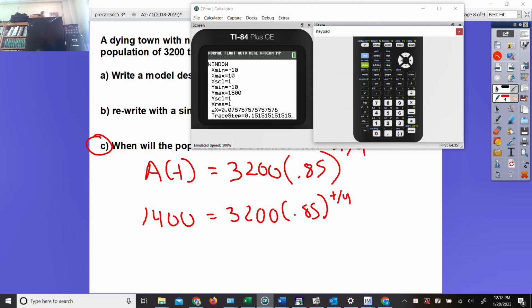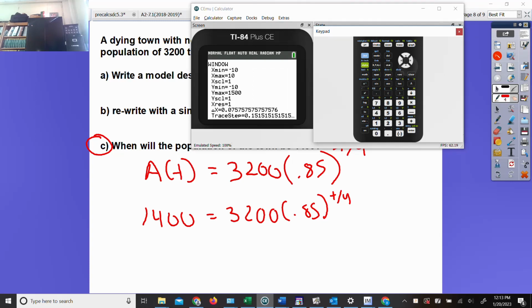And then you can hit the graph key, not the Zoom 6 key, and you're still not going to see your answer. The standard Zoom 6 only goes left 10, right 10. That's 10 years in the future. Don't you think you ought to go a little farther? Try 20. Try 30. We set our Y-max to be 1,500.